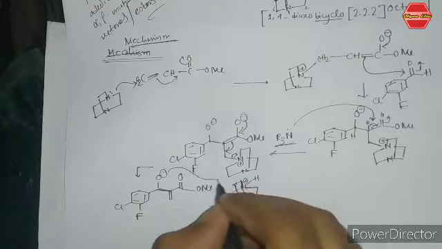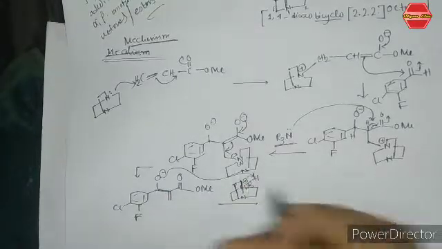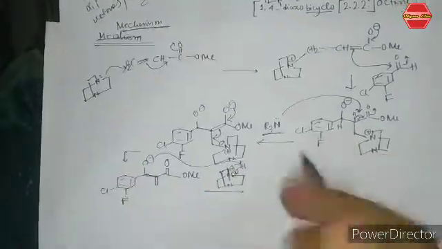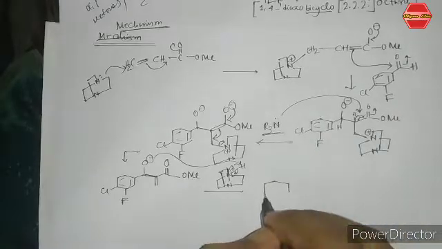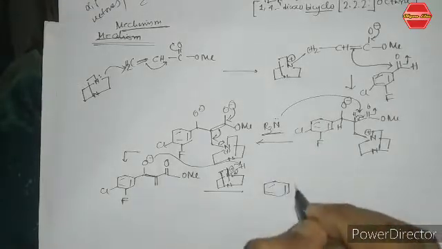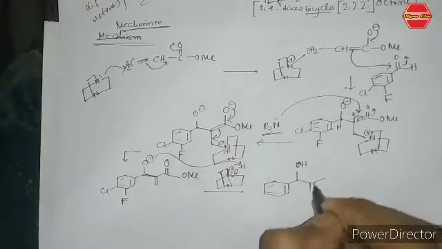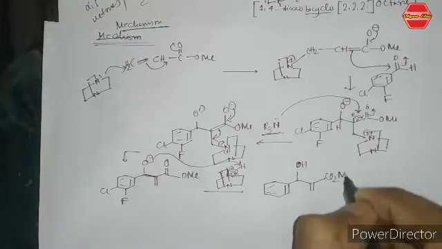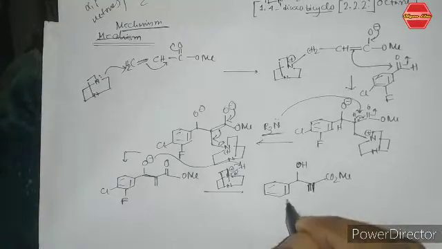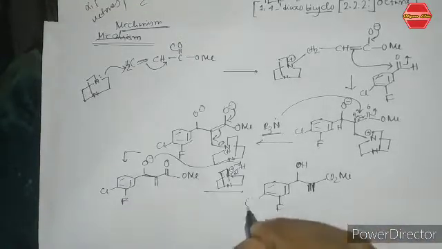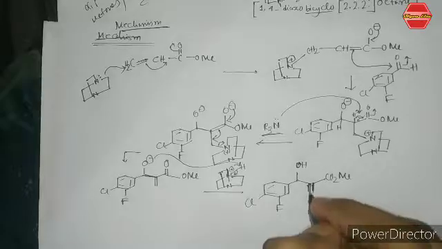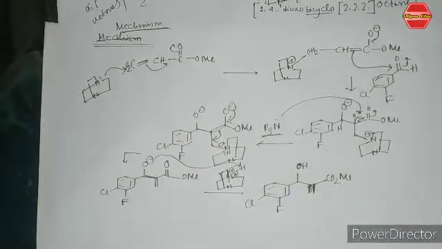Now this O minus takes a proton from here, and this will be free. Okay, so your product looks like this, that is your OH, a double bond, your CO2Me. Now there is an F and your Cl. That is how this double bond product is formed.